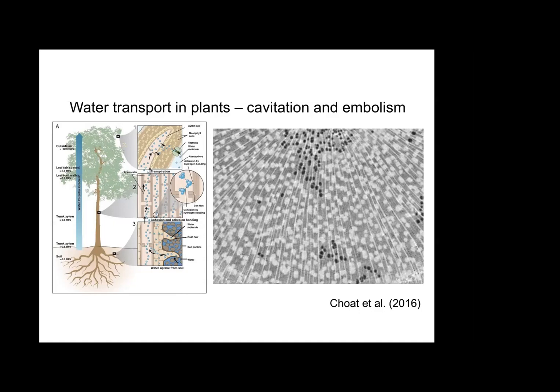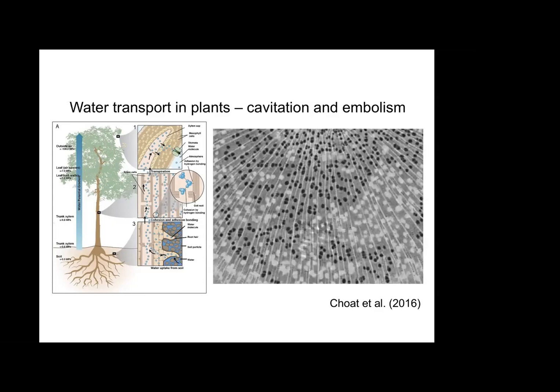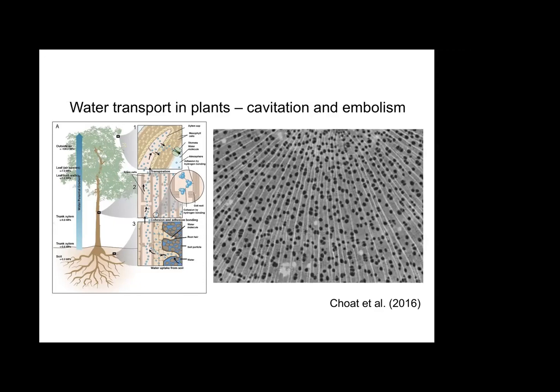That stress becomes larger in the stems and causes them to embolize, to get air bubbles in them. So these beautiful pictures from Brendan's group show that process of embolism ending in catastrophic xylem failure. So these plants are no longer able to transport water.